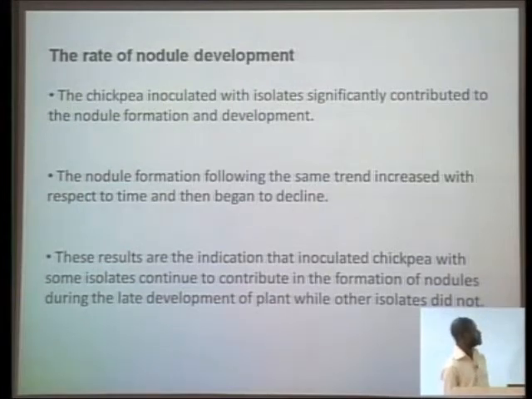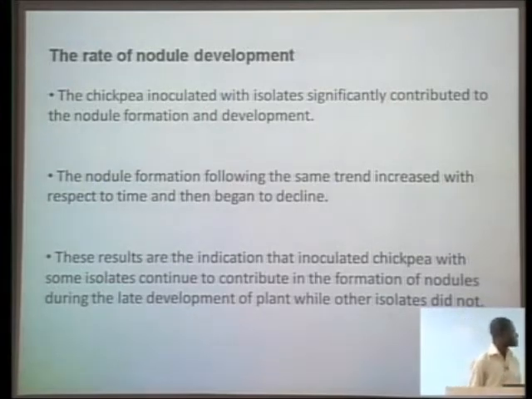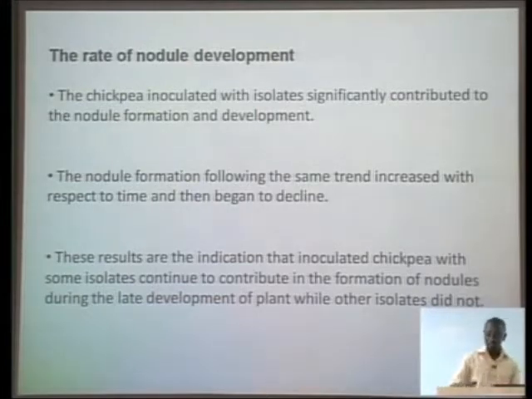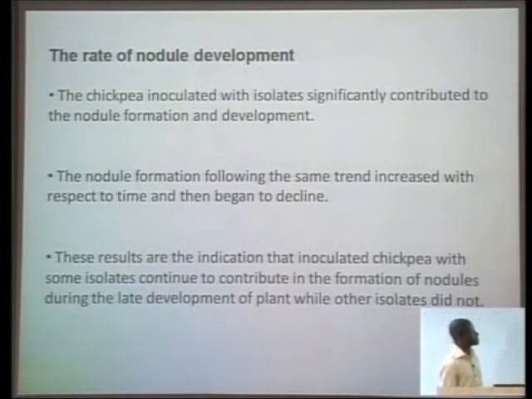The nodal formation followed the same trend and began to decline at the later stages of the plants. These results are an indication that chickpea inoculated with some isolates continue to contribute to the formation of nodules, whilst others do not.